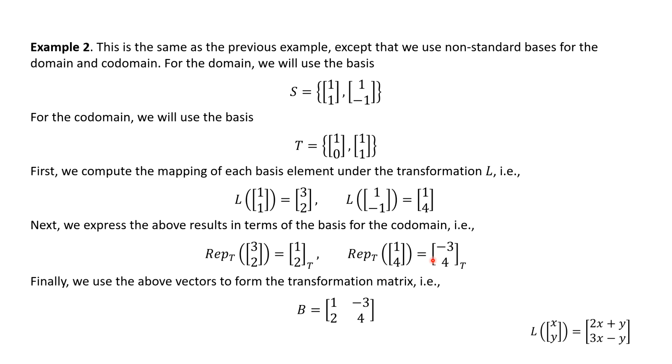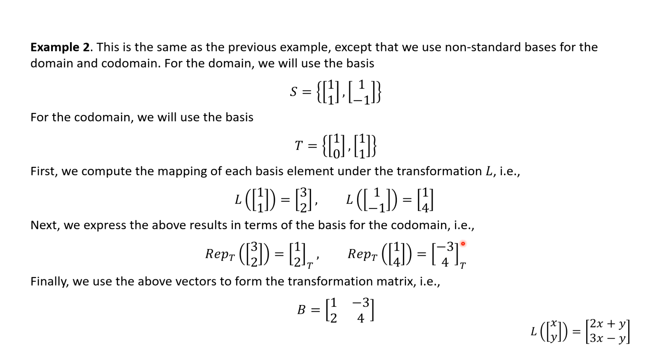Then (1, 4), if we write that in terms of these two, would be -3 times the first one and 4 times the second. So this would be 4 and then -3, and when you add them together, you get (1, 4). Now we have both of the outputs of the basis vectors in the domain written in terms of the codomain basis.